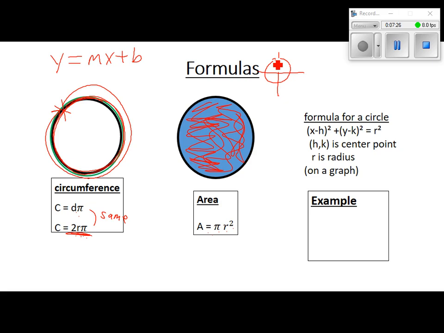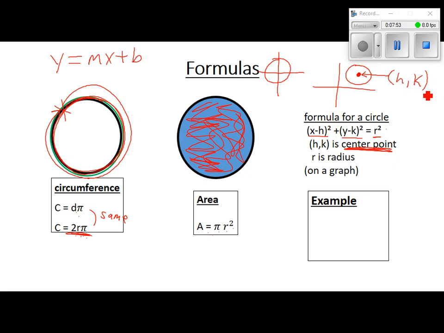Is x minus h squared plus y minus k squared equals r squared. R is the radius. That one's pretty easy. The h and the k are the center point of the circle. So wherever the center point is of the circle on the graph, those are the numbers that go in for h and k.